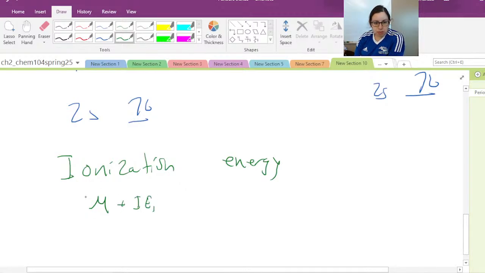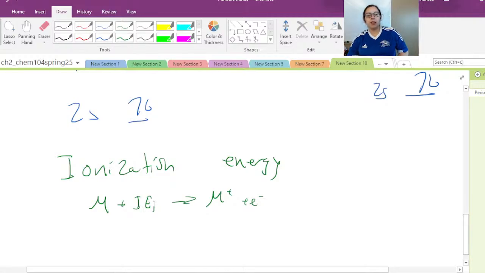So you have some atom, and I just abbreviate any atom with metal. It could be any atom, it doesn't have to be a metal. And then you add ionization energy to it, and it kicks off an electron. So how favorable is this process?